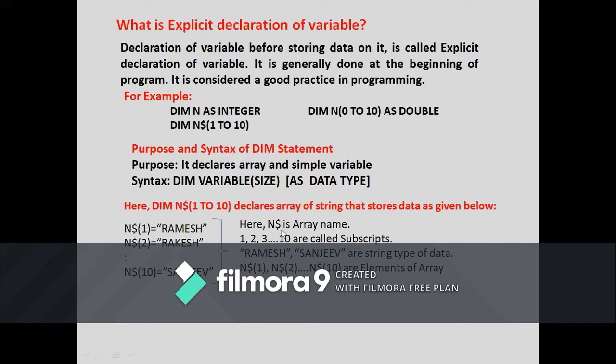So here n$ is called the array name. 1, 2, 3, 4, 5, 6, 7, 8, 9, 10 are called subscripts. Ramesh, Rakesh, Sanjeev are called string type of data. And n$(1), n$(2), n$(3), up to n$(10) are called elements of the array.